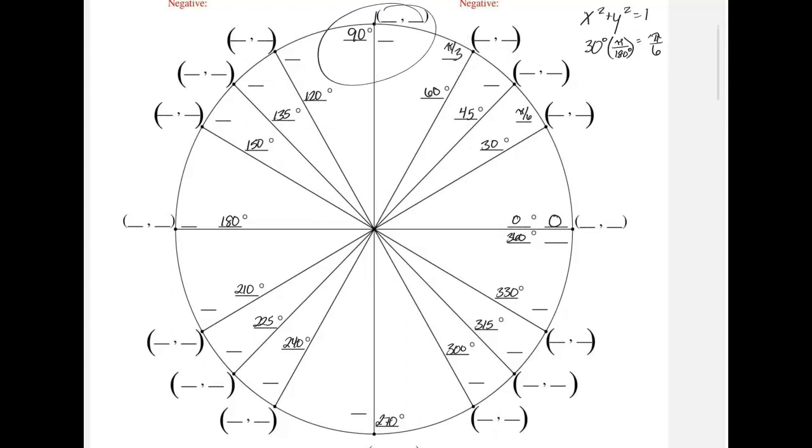Here we're at 3 pi over 6, which is the same thing as pi over 2. And then we would be at 4 pi over 6, which reduces to 2 pi over 3.